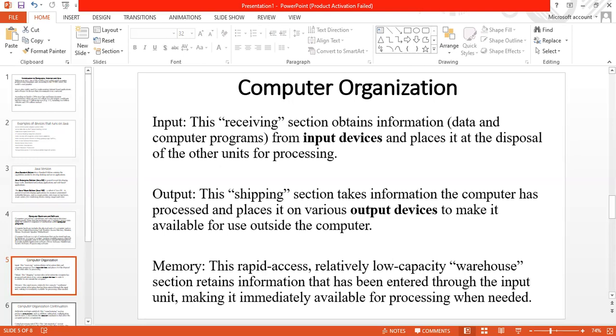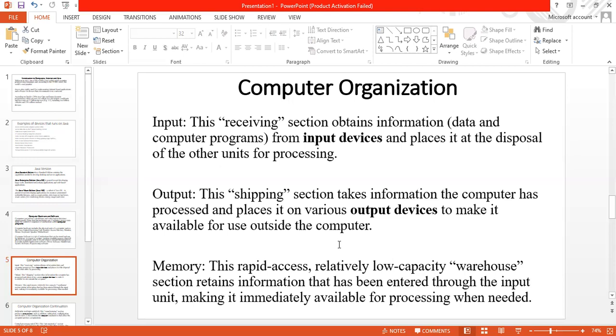Memory helps us in storing information that we can process. So the information that we process, eventually they can help us to get it. So this rapid access is known to be a warehouse section. They help us to retain it, to store it.